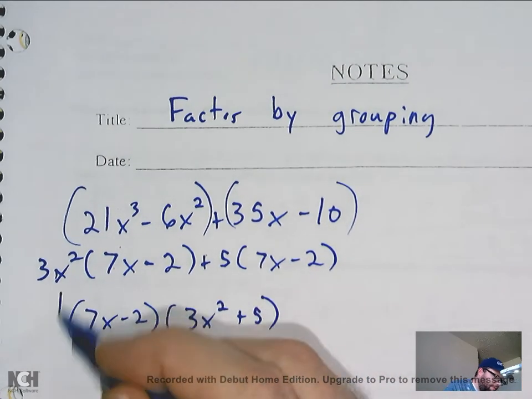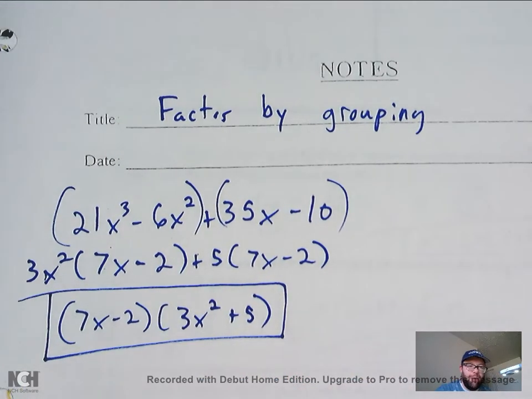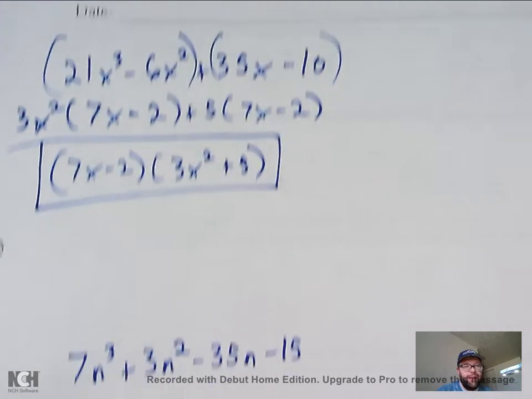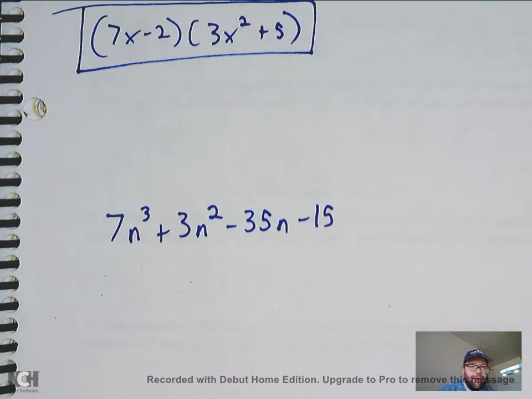And that is my factored binomial form. Not too bad, right? Just pretty much taking out your greatest common factor and then going through the steps again. Okay, let's try another one.